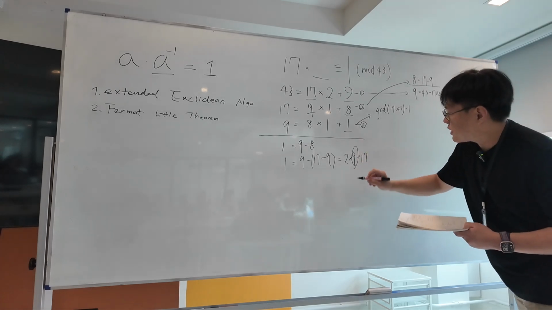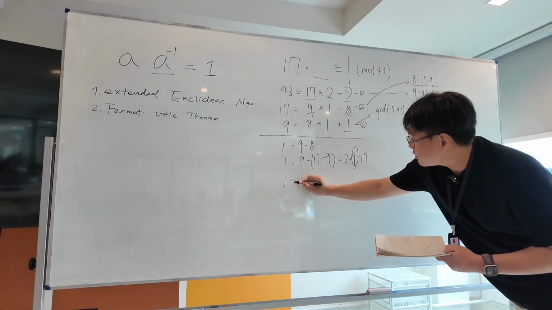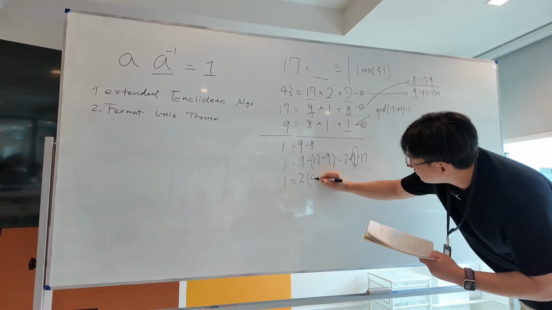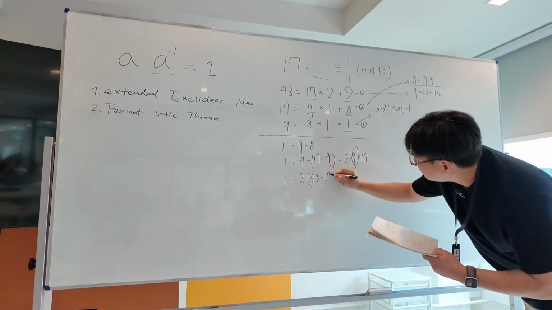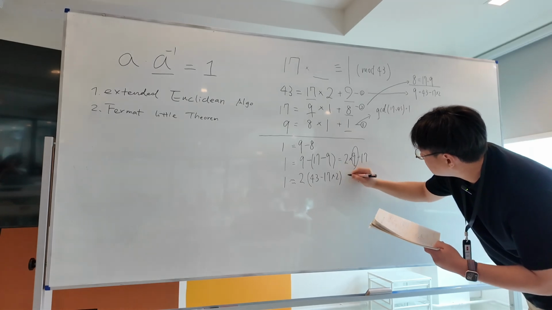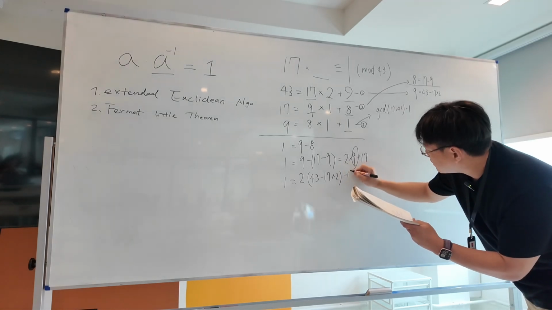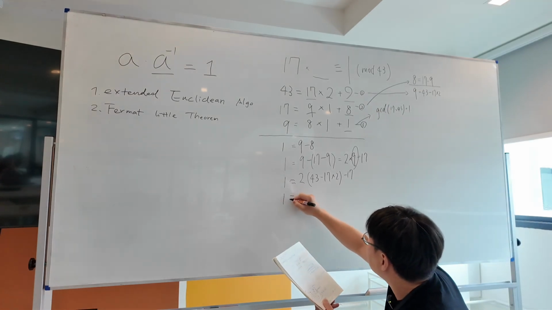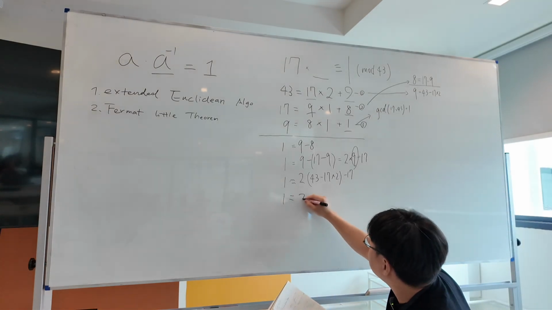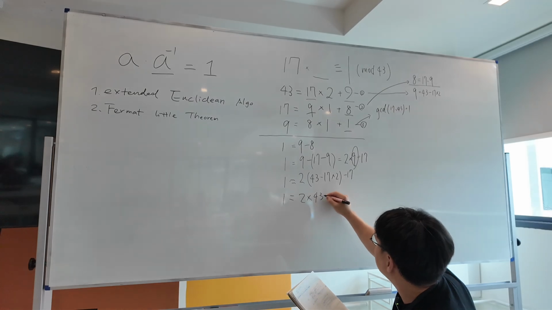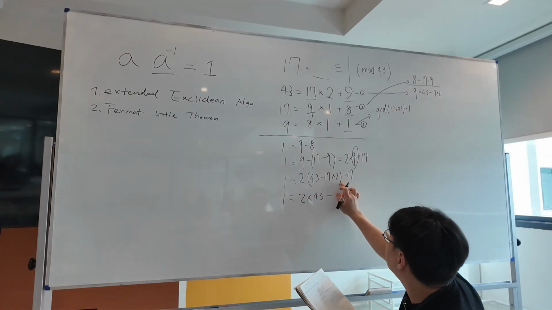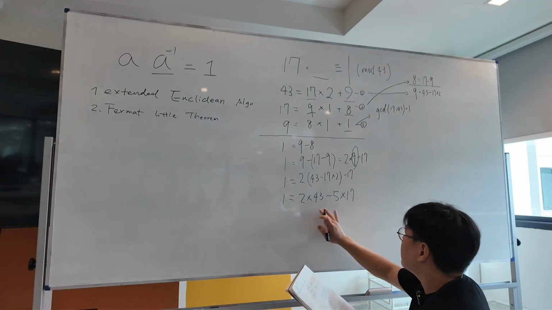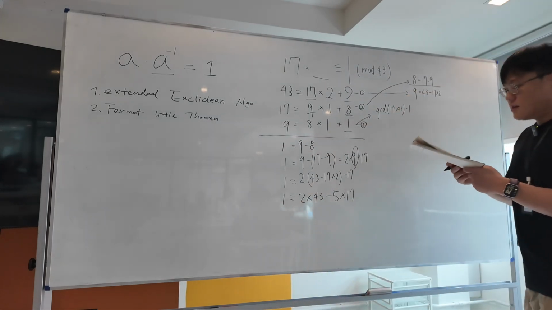So we replace 9 here: 1 equals 2 times 17 minus 43 minus 2 times 17, and in the end we will get this: minus 5 times 17, plus 2 times 43.